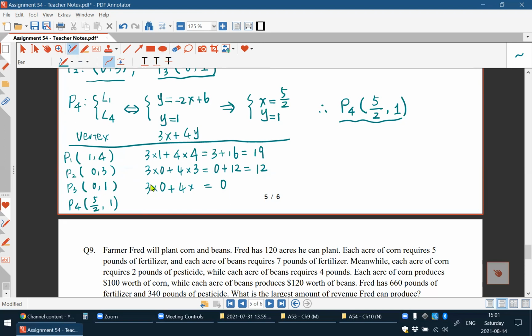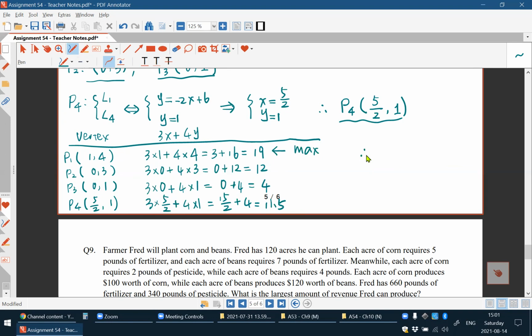So 3 times 0 plus 4 times 1, which is 0 plus 4 equals 4, right? At P4, 3 times 5 over 2 plus 4 times 1, which is 15 over 2 plus 4, which is 11.5, right? Okay, so now can you see which one is the largest? Of course, 19 is the largest of the 4, right?